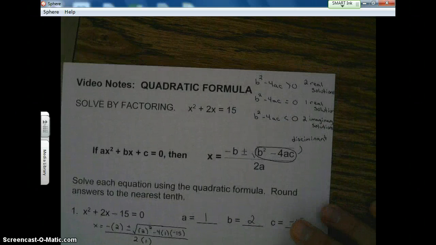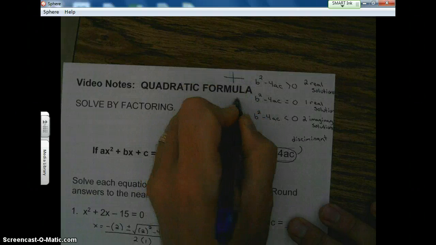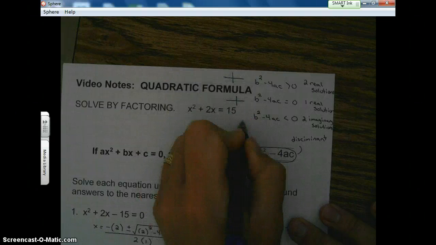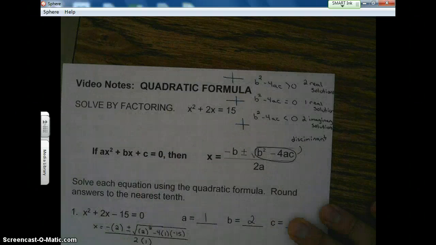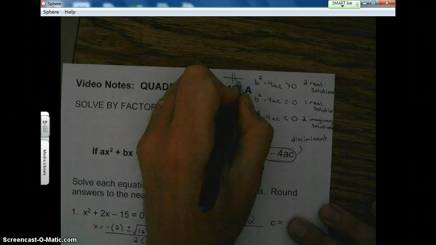Well, let me show you what each looks like. First of all, 2 real solutions. Here we're going to have a parabola that crosses the x-axis in 2 places.